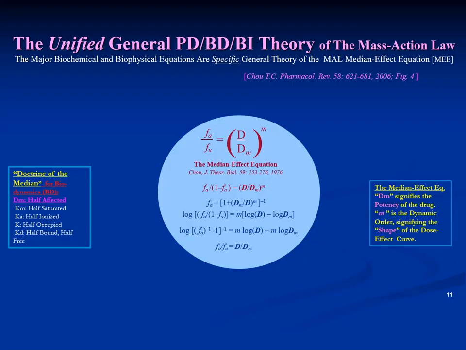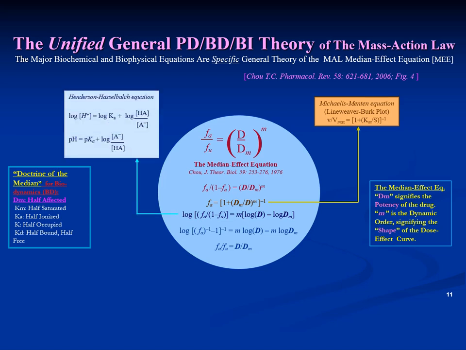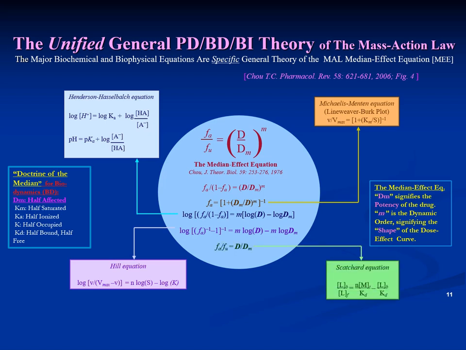Now let's go through the theoretical part quickly. The median equation is the unified general equation for Michaelis-Menten equation for enzyme kinetics, Henderson-Hasselbalch equation for pH ionization, Hill equation for higher order ligands, and the structural equation for receptor binding.